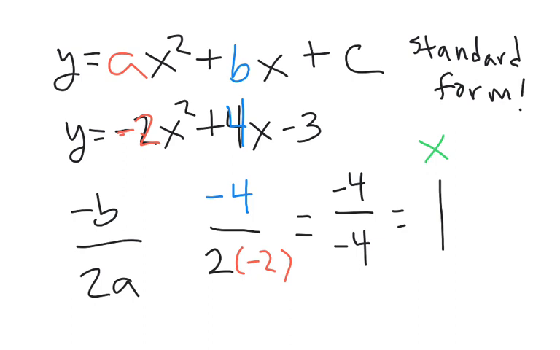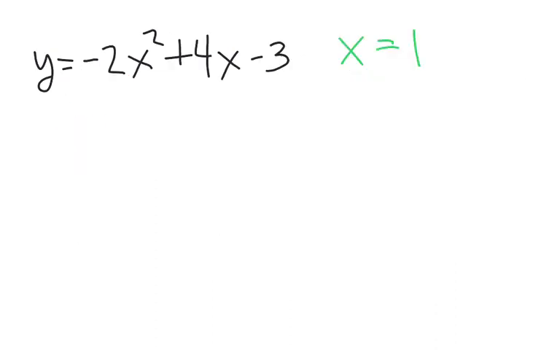Let me clean this up, and now we're going to take this number, which in this case happens to be 1, and we're going to plug it in to this original equation, and that's going to give us our y. So now we're going to take our new answer, x equals 1, and plug in 1 anywhere there's an x, just like when we're filling out a table.